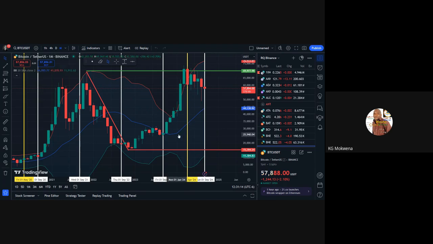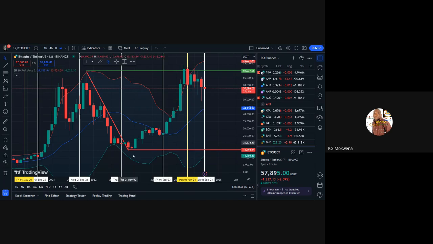And what happened then is that the 69,000 US dollars, which was the all-time high achieved in November of 2021, was actually hit by Bitcoin.